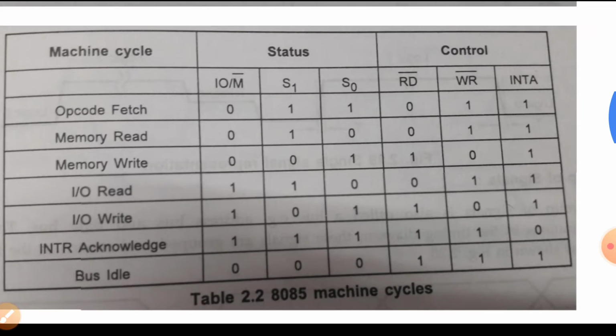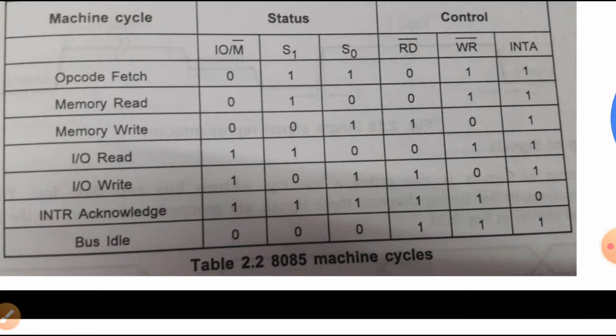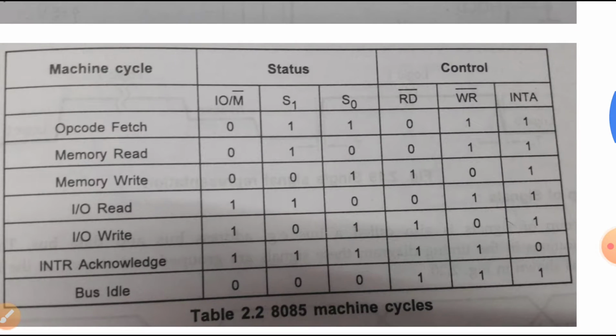Now this is the table which shows the different machine cycle operations. The different machine cycle operations are opcode fetch, memory read, memory write, input output read, input output write, interrupt acknowledge, and bus idle. At a particular time, what the status signals and control signals will be is represented in the table. Suppose it is opcode fetch, which is always done with the memory.